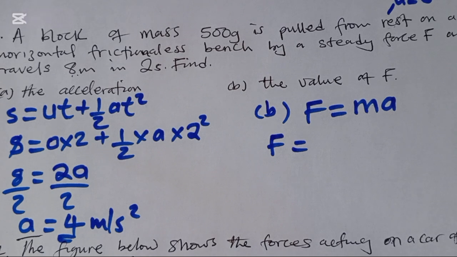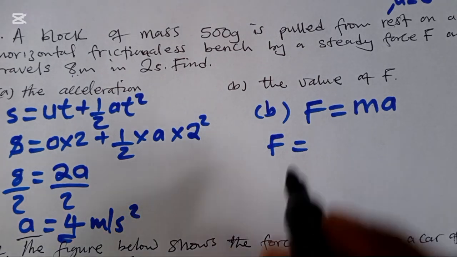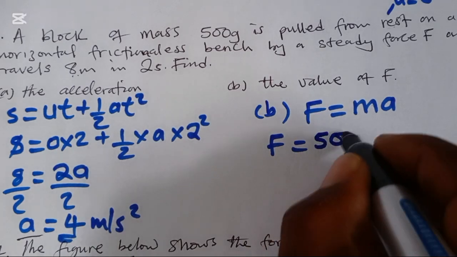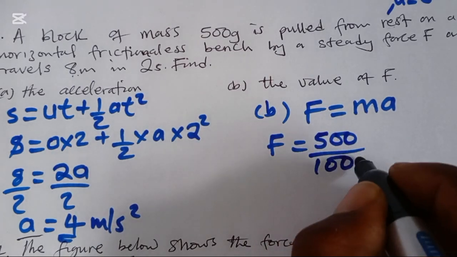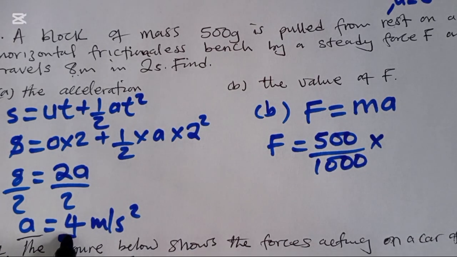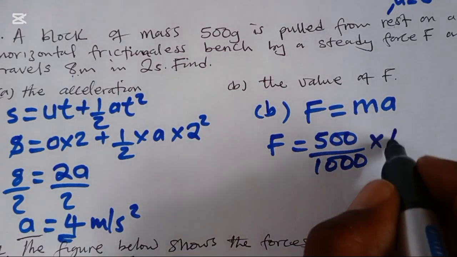So what you have to do is you need to convert that 500 grams to kilogram. So how do we convert from grams to kilogram? So you need to divide by 1000. So 500 divided by 1000 times acceleration that we have is 4.